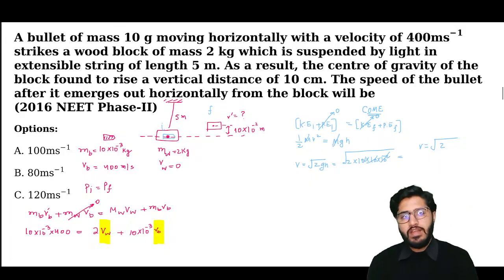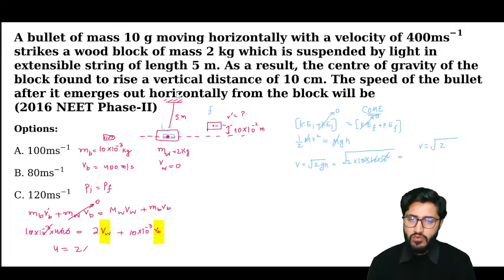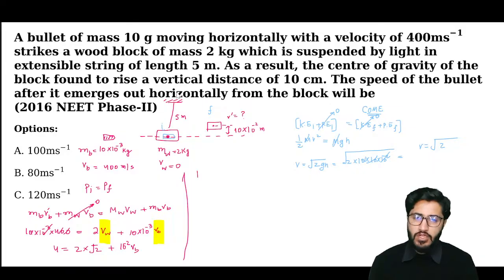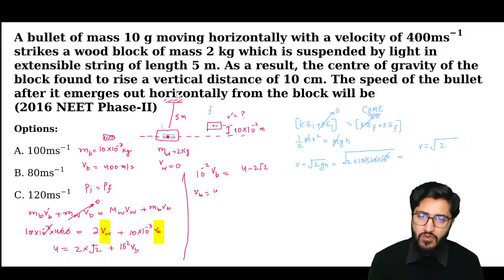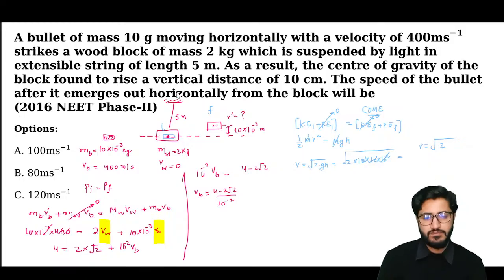So here, look, these cancel out, so I have 4 here. 4 is equal to 2 under root of 2, plus 10 to the power minus 2 VB. So 10 to the power minus 2 VB comes out to be 4 minus 2 under root of 2. Then VB is equal to 4 minus 2 under root of 2, whole divided by 10 to the power minus 2.